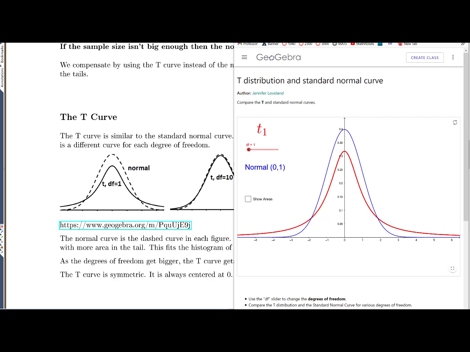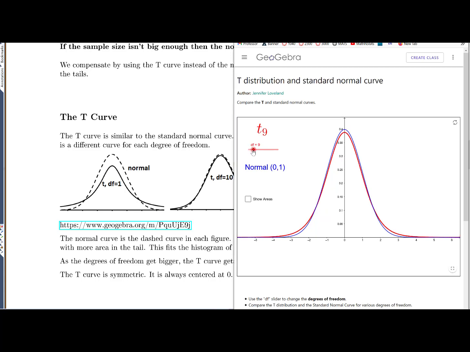But as my degrees of freedom change, if I change this to say 9 degrees of freedom, notice how the t-curve got closer to the normal curve. And if I move it over a little bit more to 11, notice it's getting even closer. And at 13 it's closer. And as I move this, I get closer and closer to the normal z-curve.